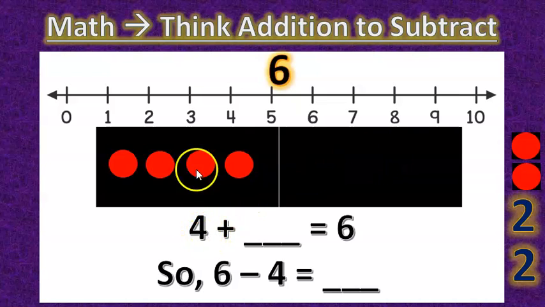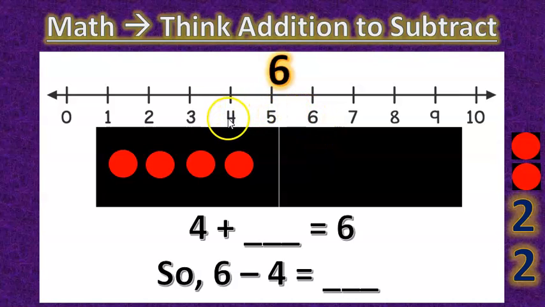Remember, the first thing you do is you're going to look at this first number. You're going to find 4 in the number line, which is here. The next thing you're going to look for is 6, which is here. Whatever number is here, look for it, which is here.